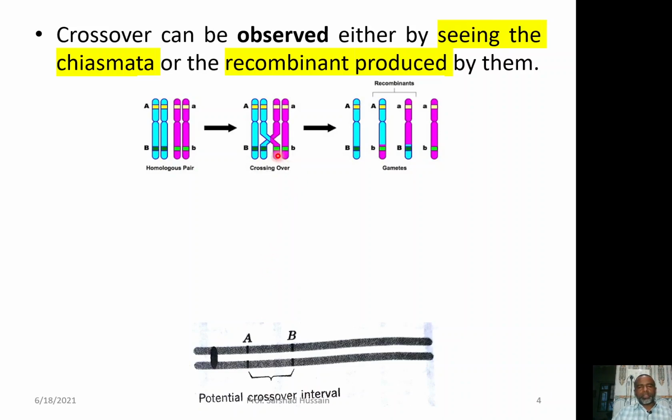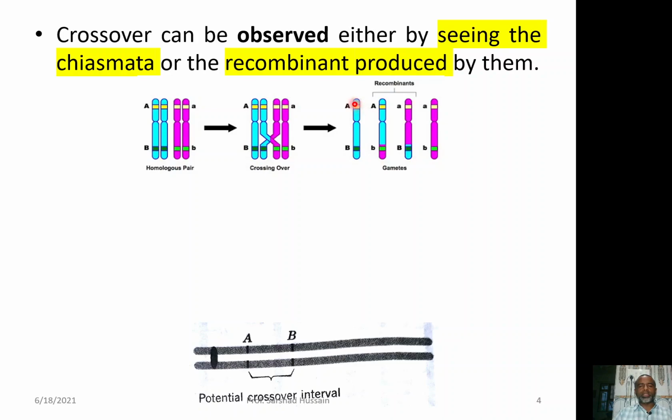We have discussed in the previous lectures that the crossover can be detected either by looking at the chiasmata, whether the chiasmata has formed or not, or if you are not able to look at this point of time, then it is the recombinant which will show you that the crossing over has taken place.